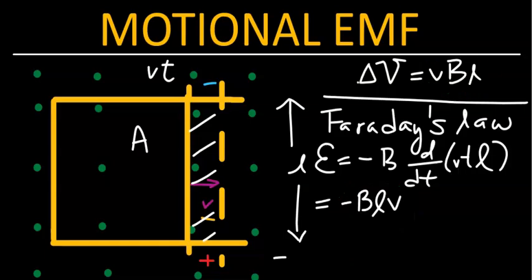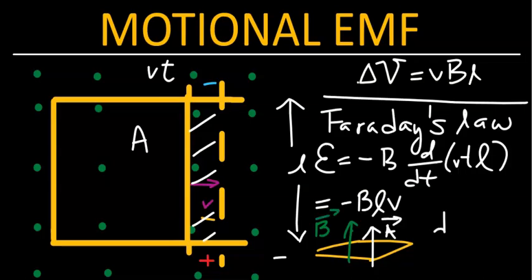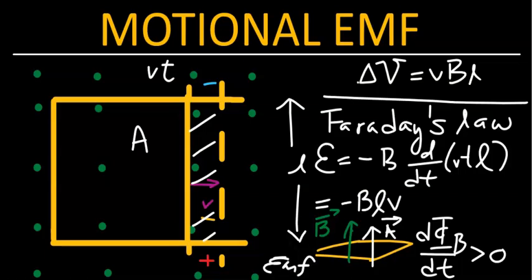Let's work out the direction of this EMF. So you have a loop like that. The field is going that way. The area vector is going that way, and the area vector is increasing. So that means the magnetic flux is increasing with time, and the EMF should be negative. The negative direction of EMF from our sign convention means in that direction. So that is the direction of the induced EMF.